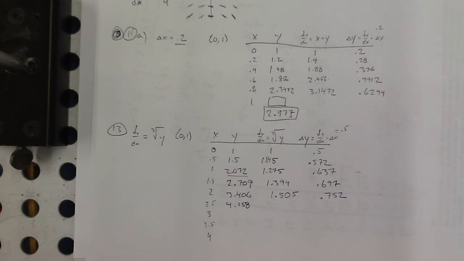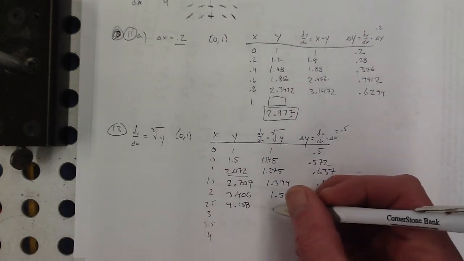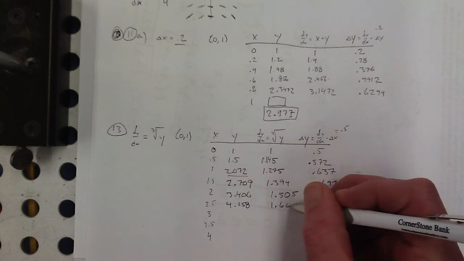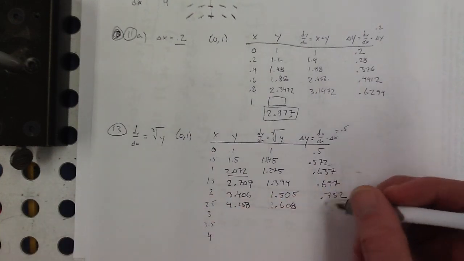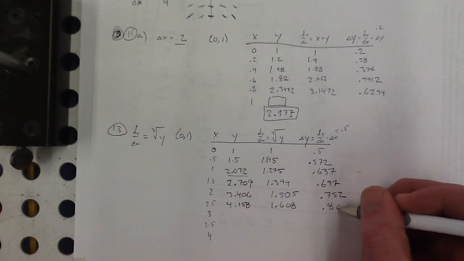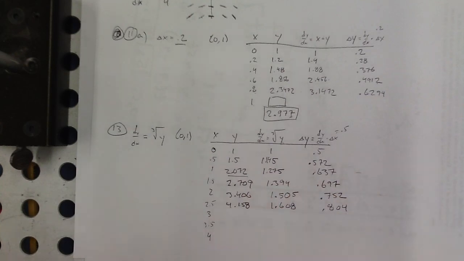Oh, syntax error. Why is that a syntax error? All right, let's see if it's going to let me do this. There we go, 1.608. Thought I lost it there. Half of that, add that to that.